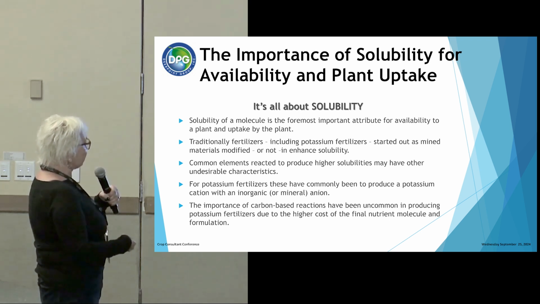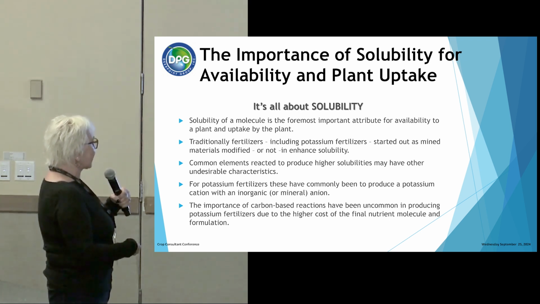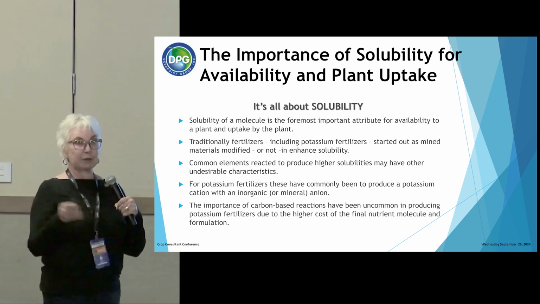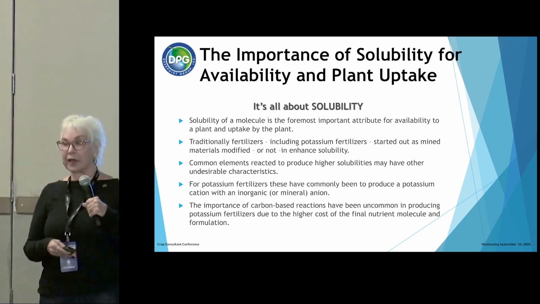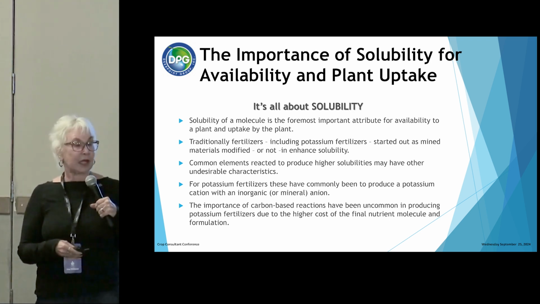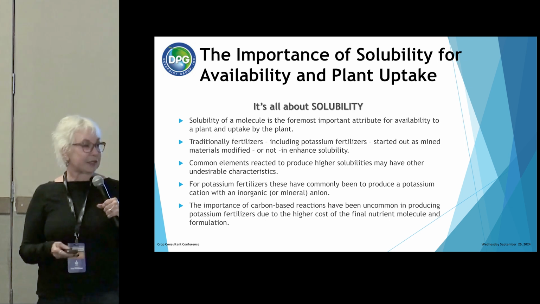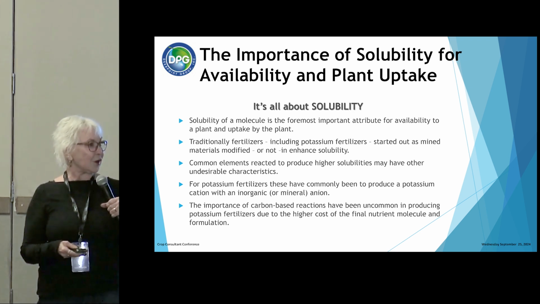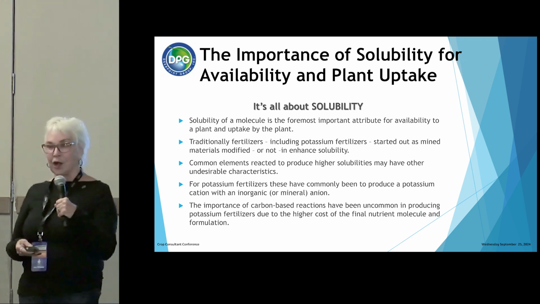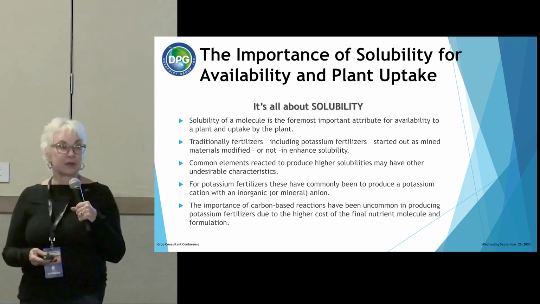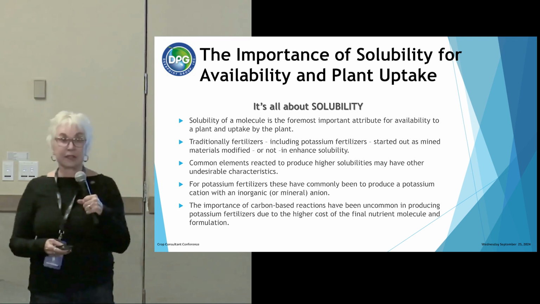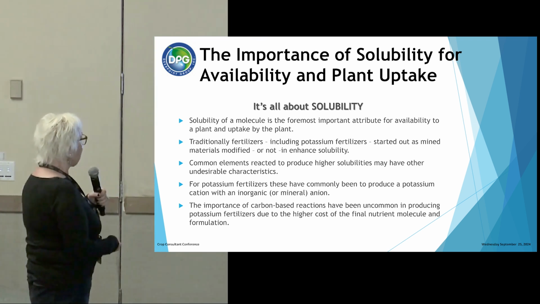And then, of course, it's been very common to produce a potassium cation by combining it with some other anion that's a mineral. And common examples of that are potassium chloride or muriate of potash or potassium thiosulfate. Those are probably pretty common ones that we see in our industry.